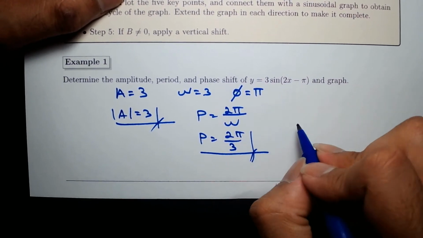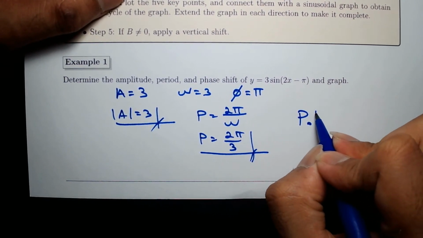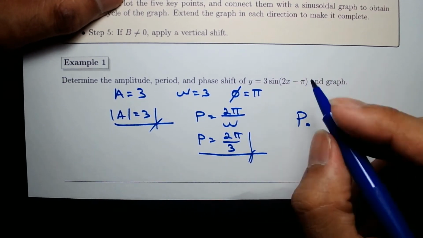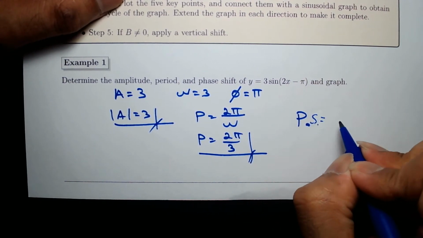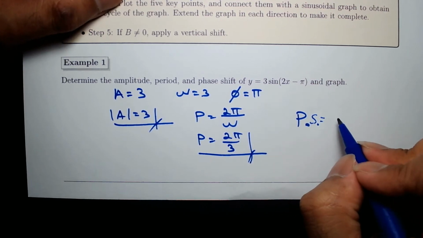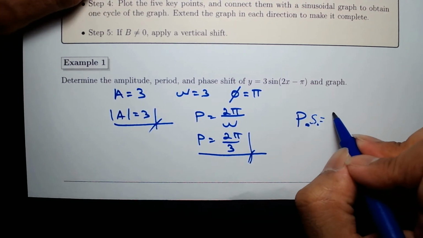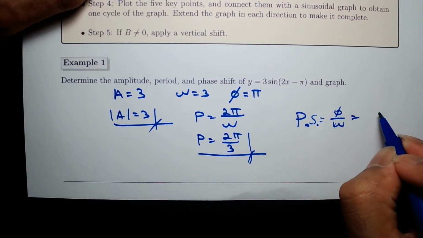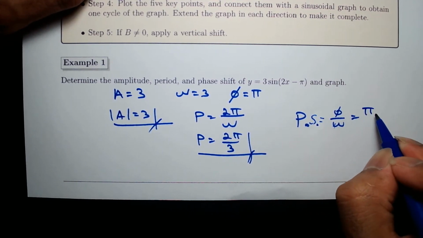And then for the phase shift, I'm going to call it PS, just for short. That's the quotient between phi and omega, in this case pi over 3.